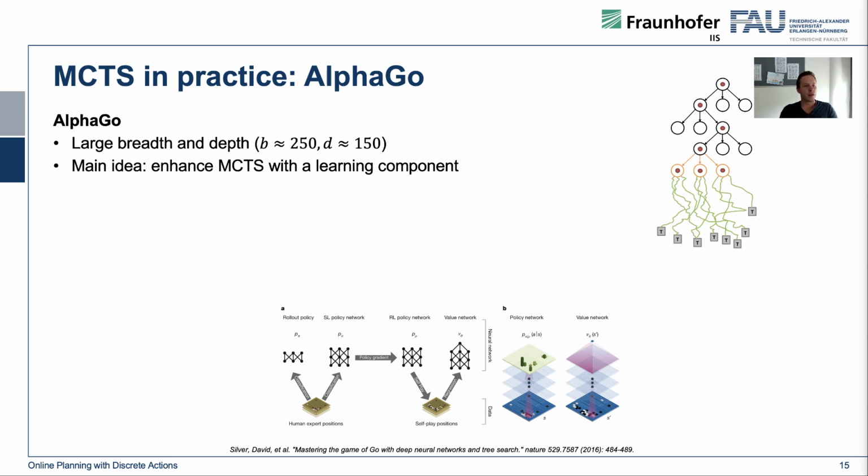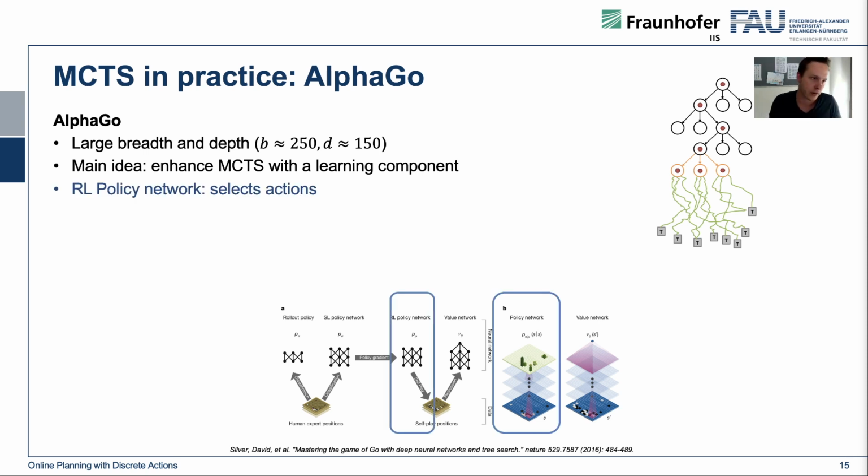The main idea of AlphaGo was to enhance Monte Carlo tree search with a learning component. To do this, we have two main networks. The first one is the reinforcement learning policy network. This policy network is trained to select actions: it gets a state as input, and you select an action from it.